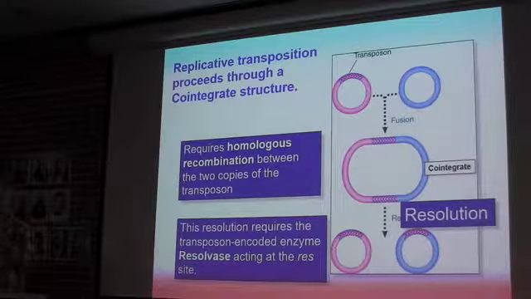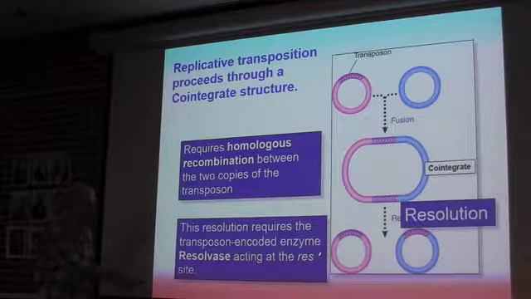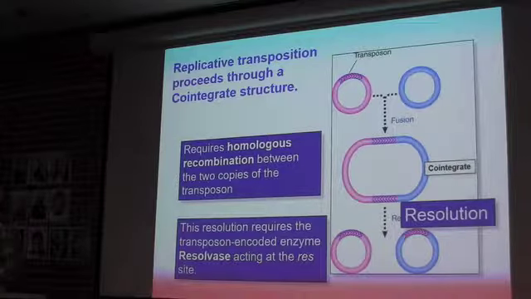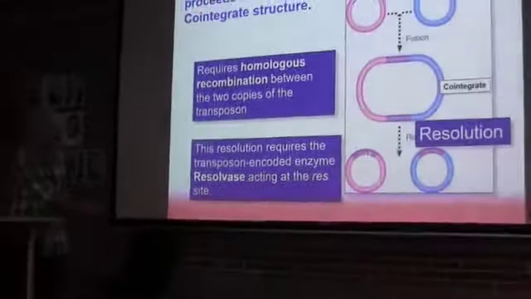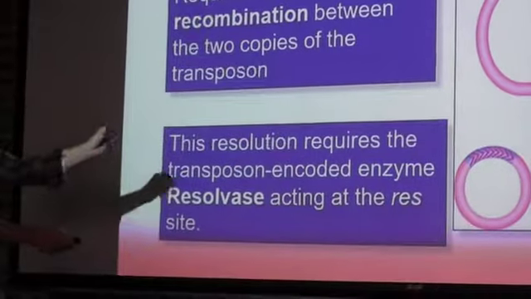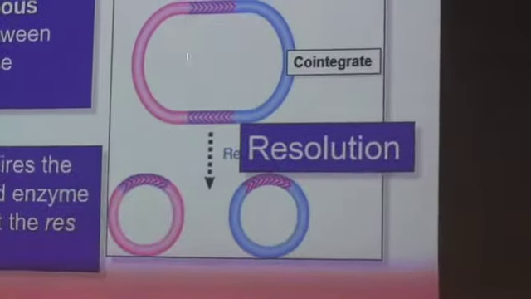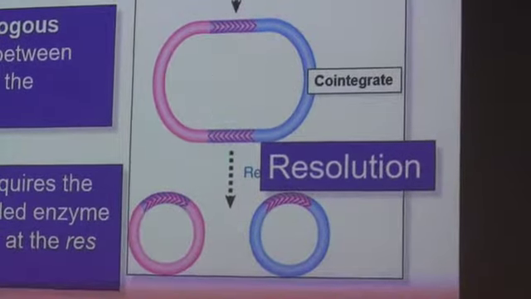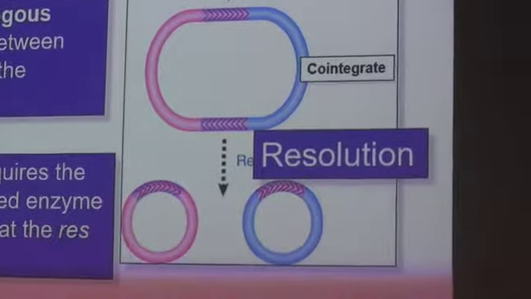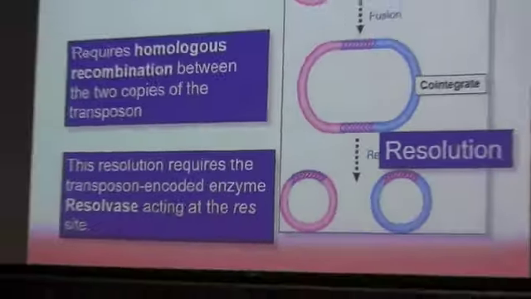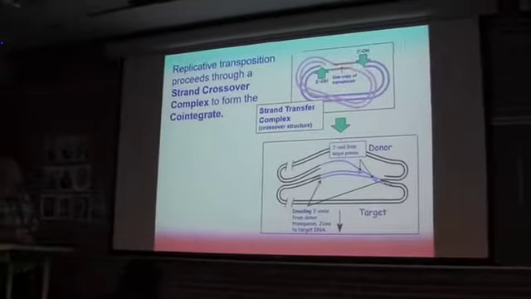It is homologous, but site-specific. This little site, res, which nearly always appears on an exam question, is the site, and it's located within the transposon itself. That's the region that actually crosses over using the resolvase to separate the two DNAs.